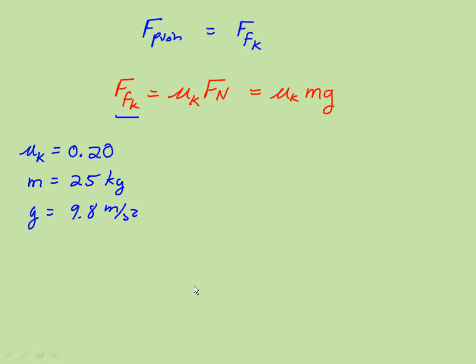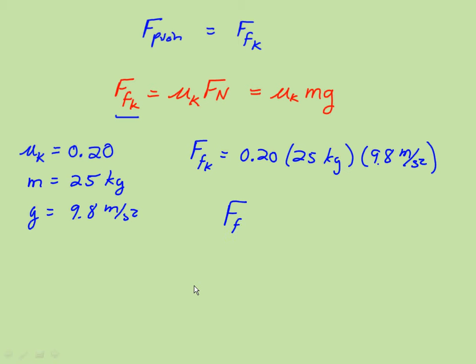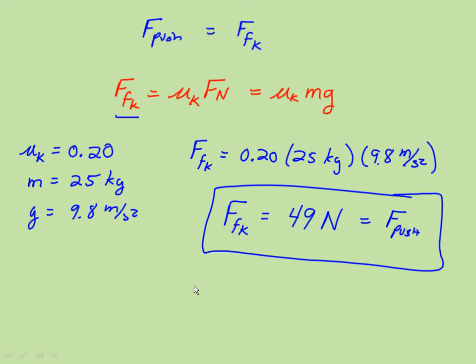So, my kinetic friction is 0.2 times 25 kilograms times 9.8 meters per second squared. My push has to be equal to the frictional force, which is 49 newtons. I'm going to say equals F push. Kind of cool, but complex. A lot of thinking has to go on.